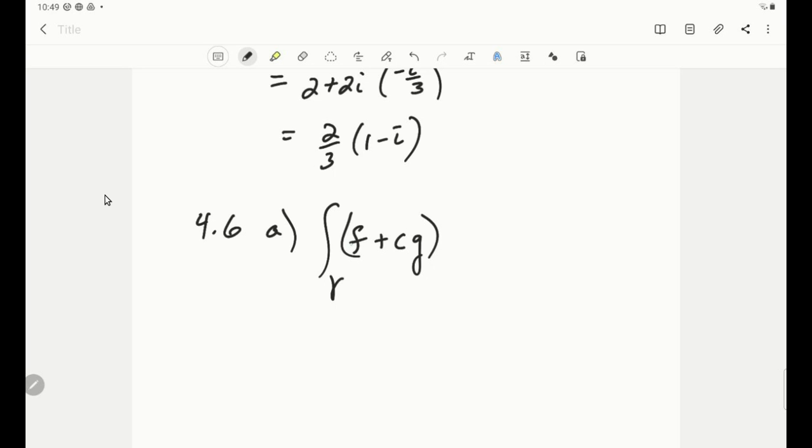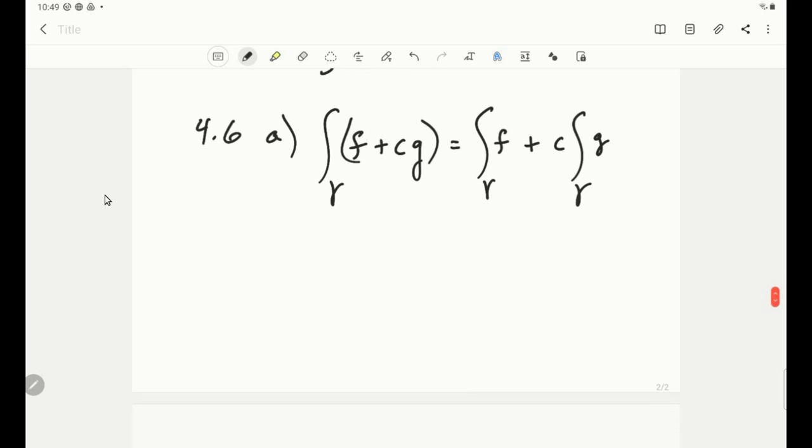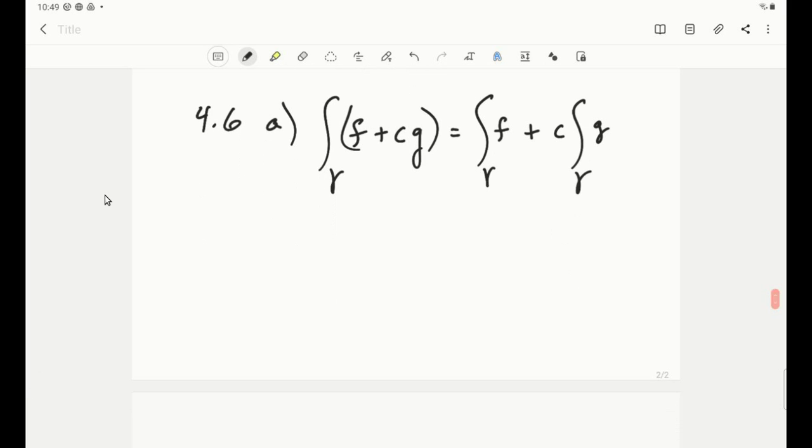I could put the c on the f instead of the g, because one's as good as the other. So this is equal to, and we just break it into two integrals, so f and then plus, and we can factor the c out of the integral, so g over gamma, like that. So that's the first property, is that we can split these integrals up and we can factor a constant out. So same as real numbers.